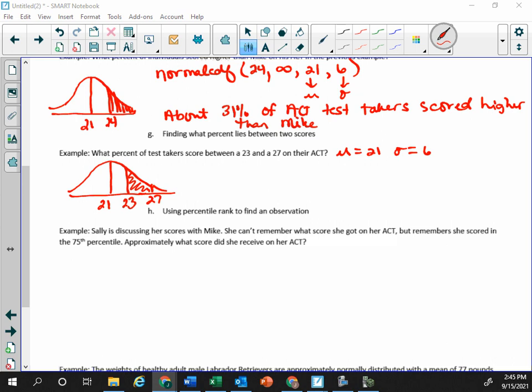So, since we're talking about the ACT scores, not their Z scores, you don't want to use the mu of 0 or the sigma of 1. What do you think? 21 and 6. Yes. Makes sense?